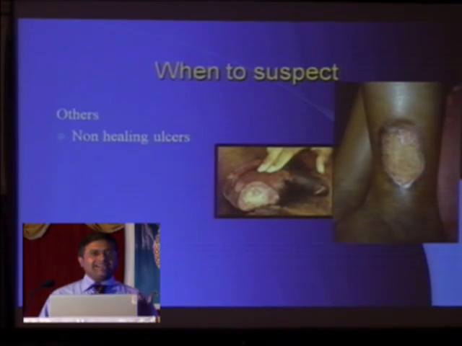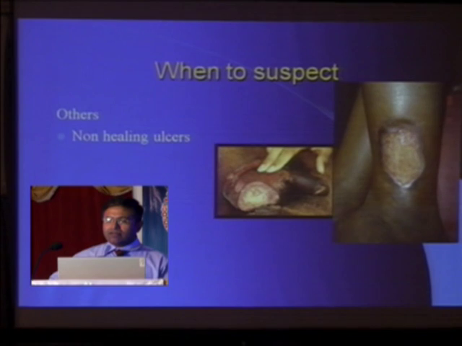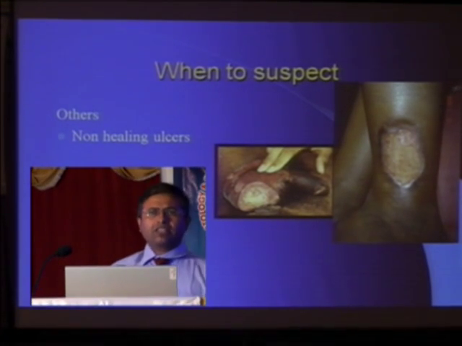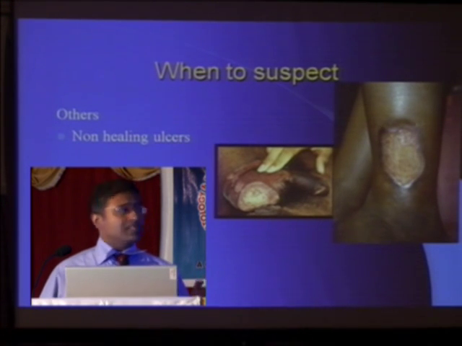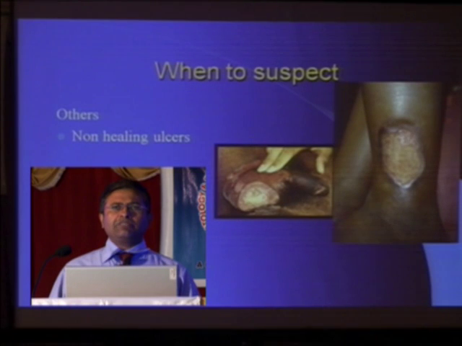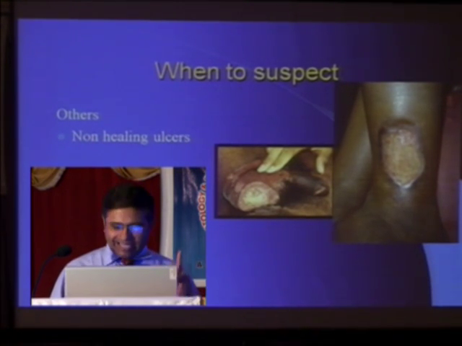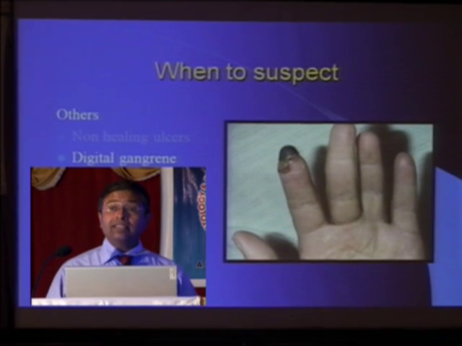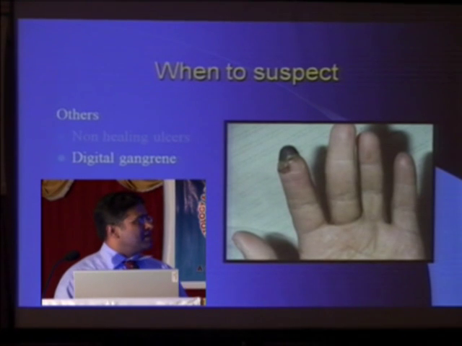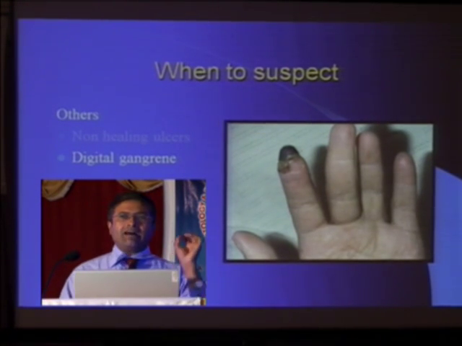First is non-healing ulcers. There are so many causes of non-healing ulcers, starting from deep vein thrombosis or a person who has varicose veins to other conditions. But remember, one important differential does remain, a vasculitic syndrome, especially if the ulcer has been going on for more than a few months. Definitely keep this in mind. The second one is if at all there is a gangrene which develops. Now interestingly, gangrene means arterial.